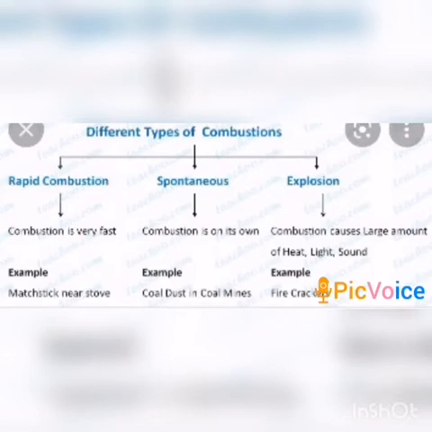The second type of combustion is spontaneous combustion. This combustion takes place on its own. For example, combustion of coal dust in coal mines or forest fires is an example of spontaneous combustion.